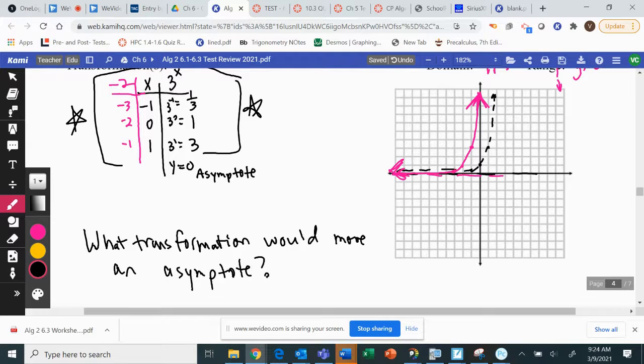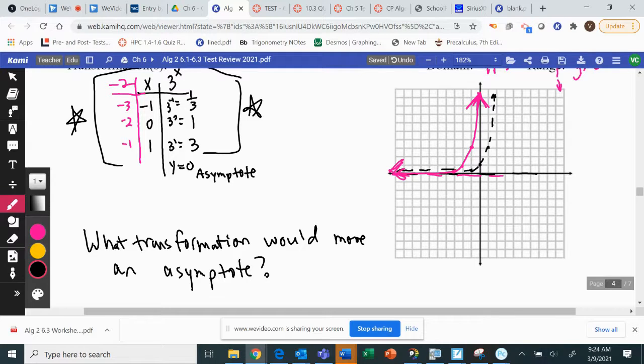Does anyone have an idea how I can move that asymptote, that horizontal line? A vertical transformation? What kind of vertical transformation? Negative? I don't know. What did you say? Something that ends up being negative, so then it would go down further.